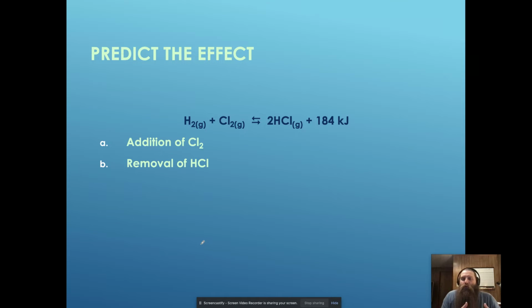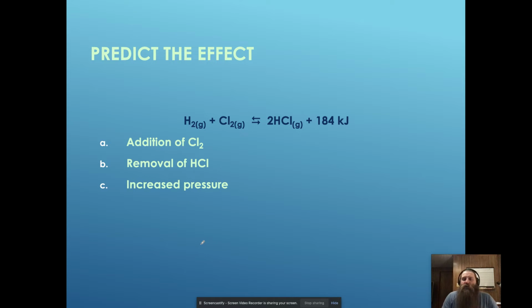What if we removed hydrochloric acid? So as the hydrochloric acid is being made, we're removing it. We're siphoning off the product. Well, I'm still going to get a shift to the right, right? The more product I remove, the faster A and B, right, H2 and Cl2, need to react to make up the difference to keep equilibrium the same. So we would shift again to the right.